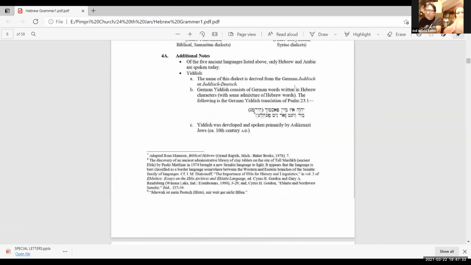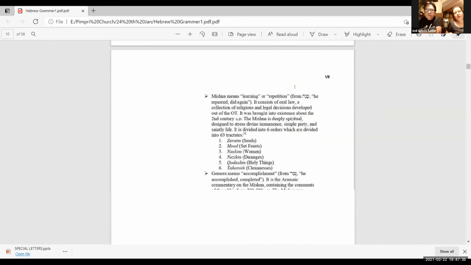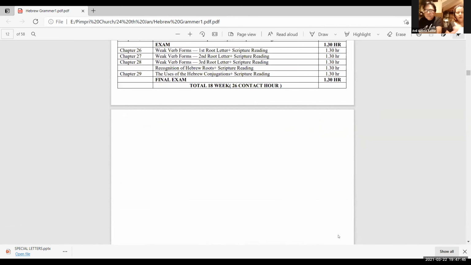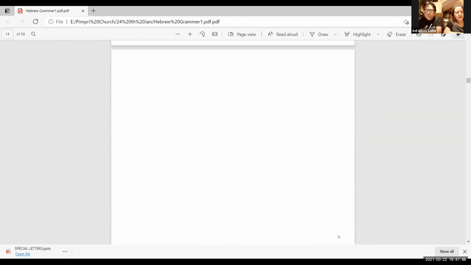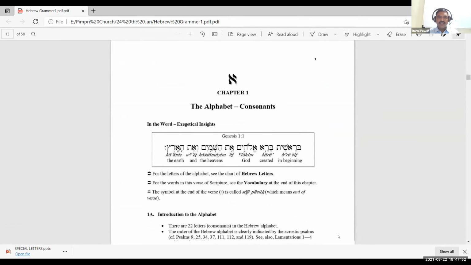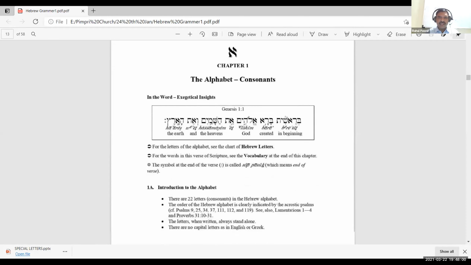For example, since last session we are in chapter 2. Whenever the chapter starts, you have to read the word exegetical insight.